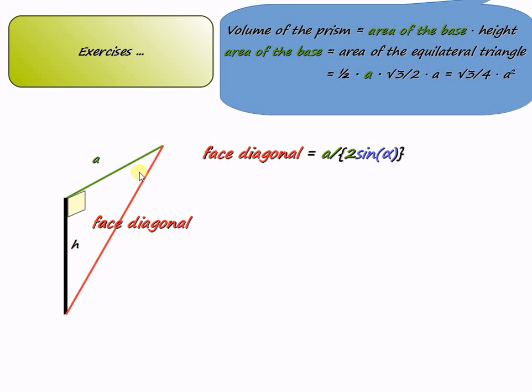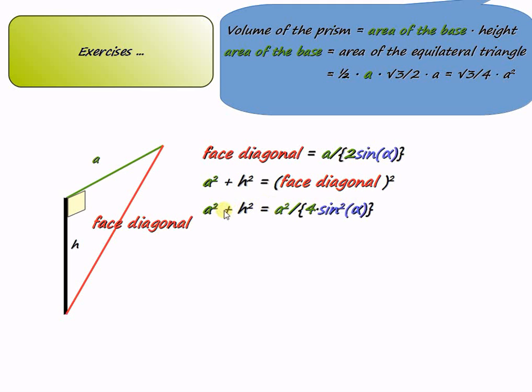So let's remind ourselves the theorem states that the square of the hypotenuse is equal to the sum of the squares of the other two sides. So this gives us a squared plus h squared is equal to face diagonal squared. Now we replace the face diagonal with the previously calculated equivalent expression and raise it to the second power.